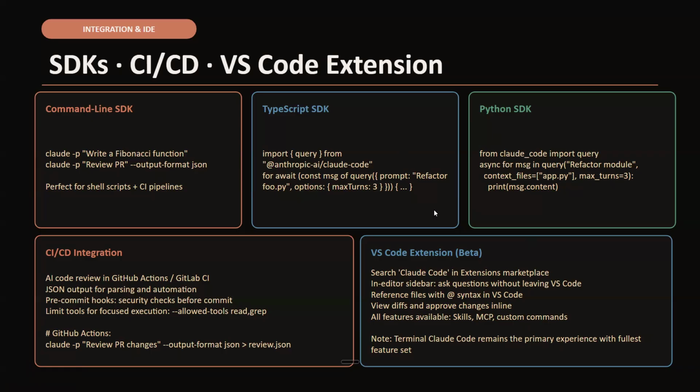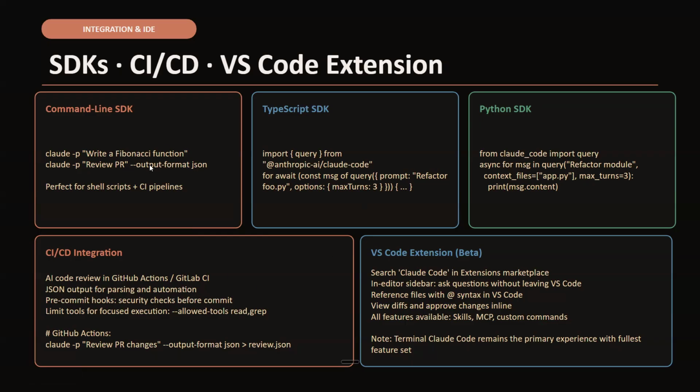All these features, like skills, MCP, and custom commands, are available in the VS Code extension. In my honest assessment, it's good, but go ahead with the terminal, which is the primary experience with the fullest feature set. This extension is best for developers who strongly prefer staying in the IDE.